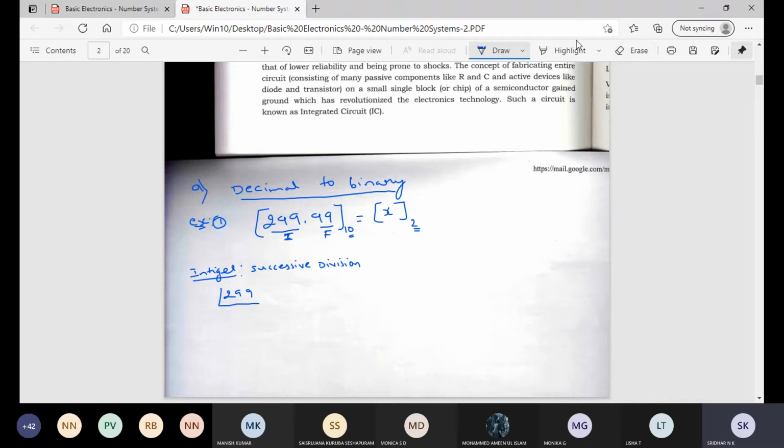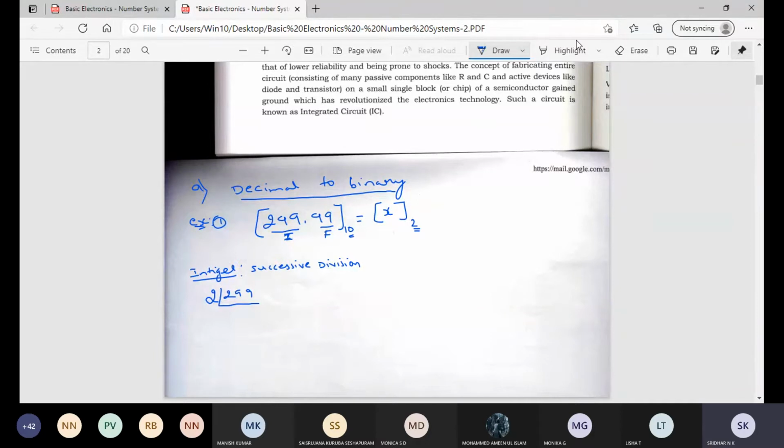So what is that successive division? The given decimal number's integer part is divided by the required base number. What is the required base number? It is 2, right? I have to divide the integer number by 2. That is 2. That's why I am dividing that by 2.